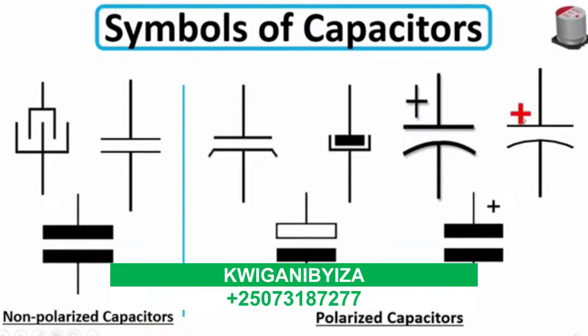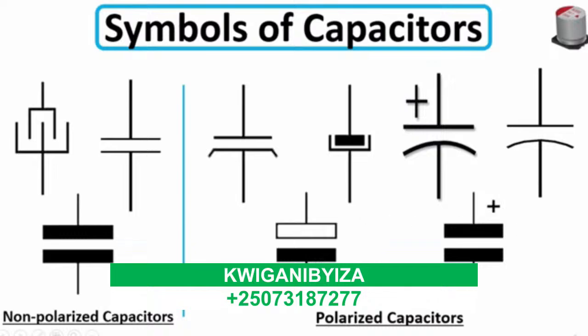Here we have plus and minus. Always the top terminal is the plus, the positive terminal, and this is the negative terminal. Here we have plus and minus, and this is the positive terminal and this is the ground terminal.